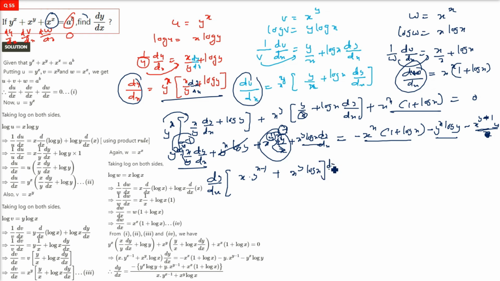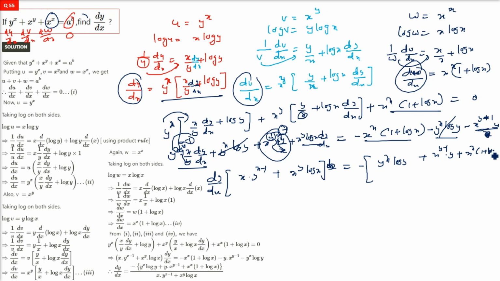This is already done. So minus I am taking outside, and I'll just arrange them so that we get the answer the way it is expected. So y to the power x log y, and then y x to the power y minus 1, then x to the power x, and 1 plus log x inside.